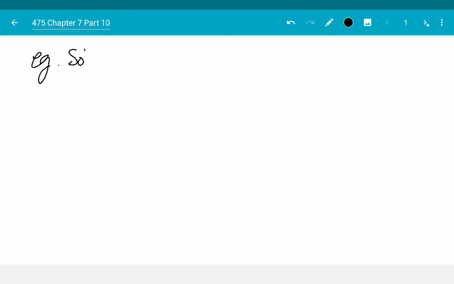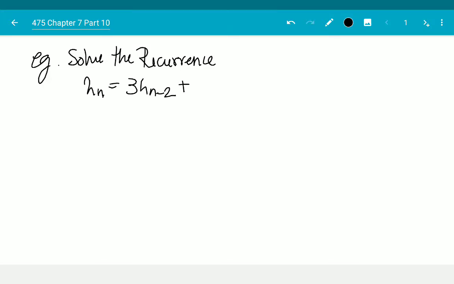Example: solve the recurrence h of n is equal to 3h of n minus 2 plus 2h of n minus 3, with the constraints h of 0 is equal to 1, h of 1 is equal to 0, h of 2 is equal to 0.